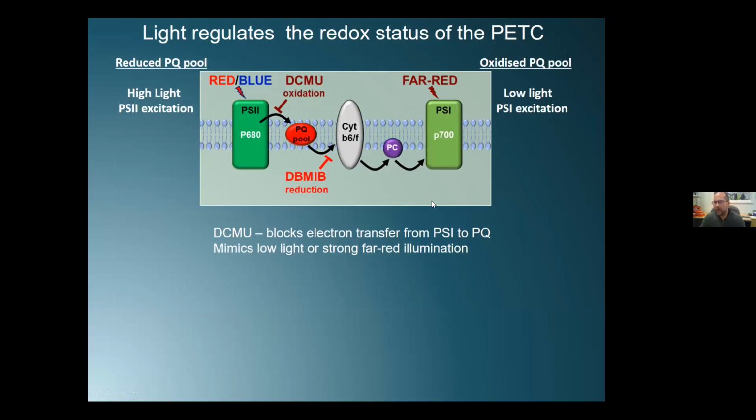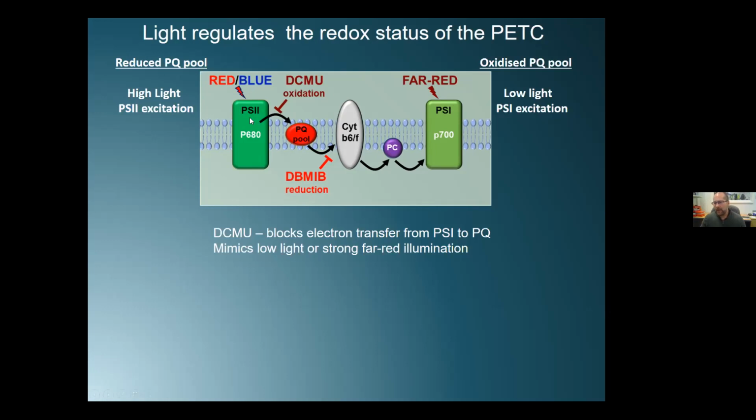And in high light, what happens is light is primarily pumping photons into PS2 and you get charge separation. And so you get electrons that are then passed on to plastoquinone. And this reduces plastoquinone and it then transfers it to the cytochrome b6f complex, plastocyanin, and onto PS1, which then eventually will reduce NADP to NADPH.